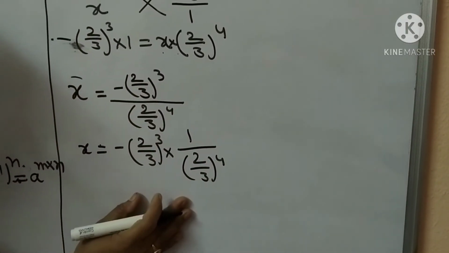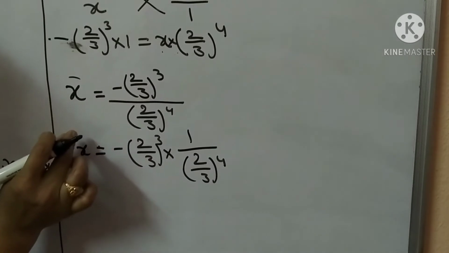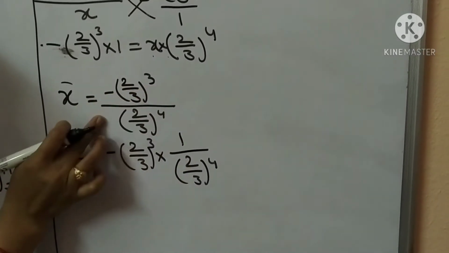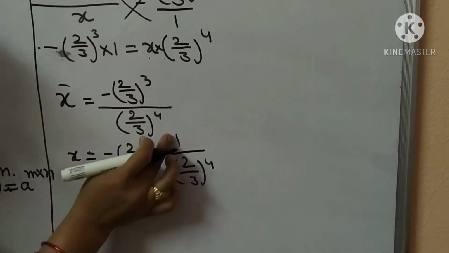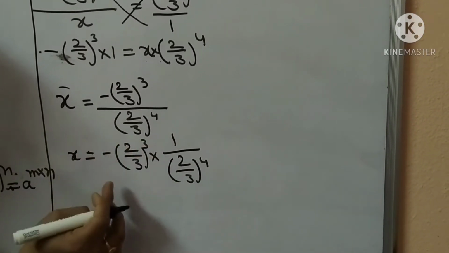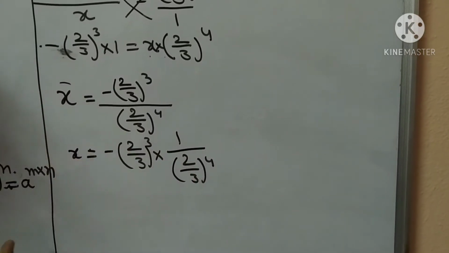Did you understand, children? I will write here, separating the numerator and denominator: (-2/3)^3 into 1 by (2/3)^4.